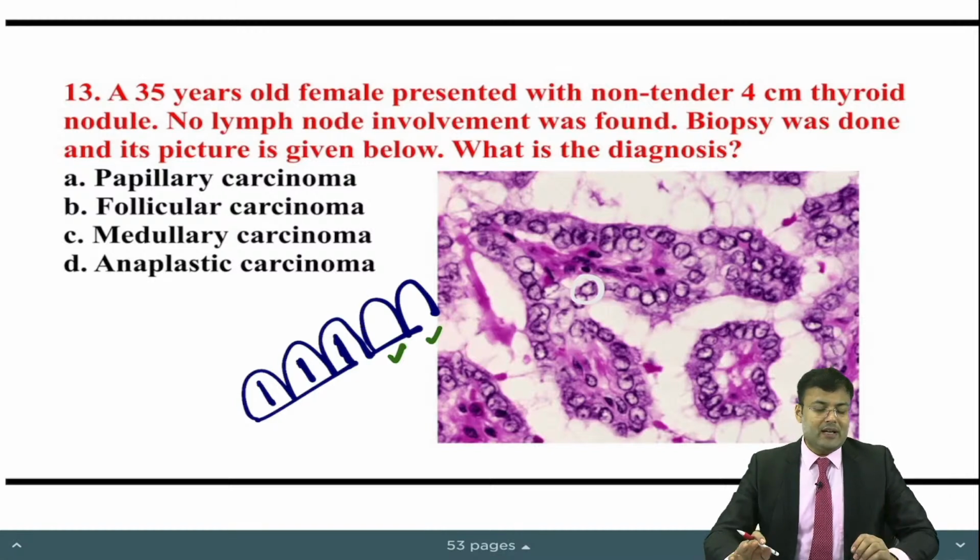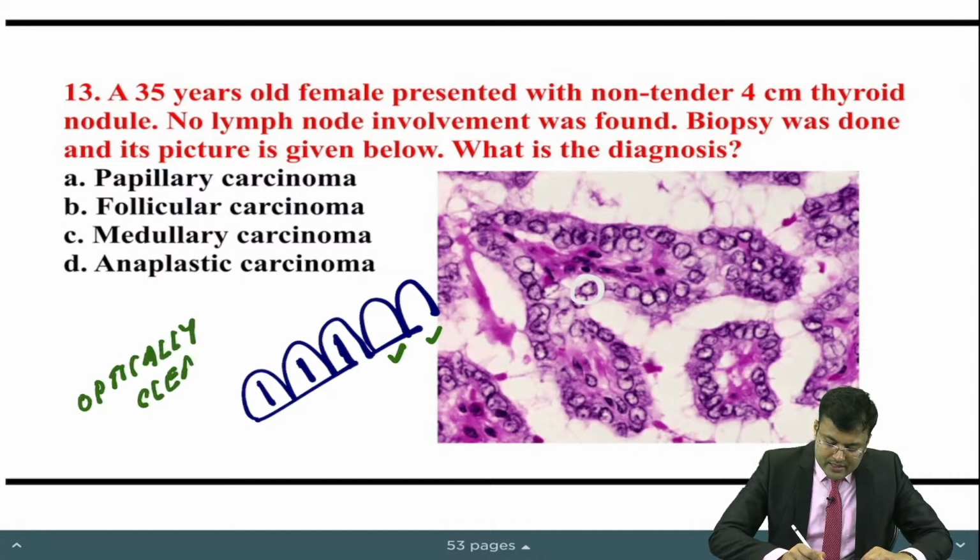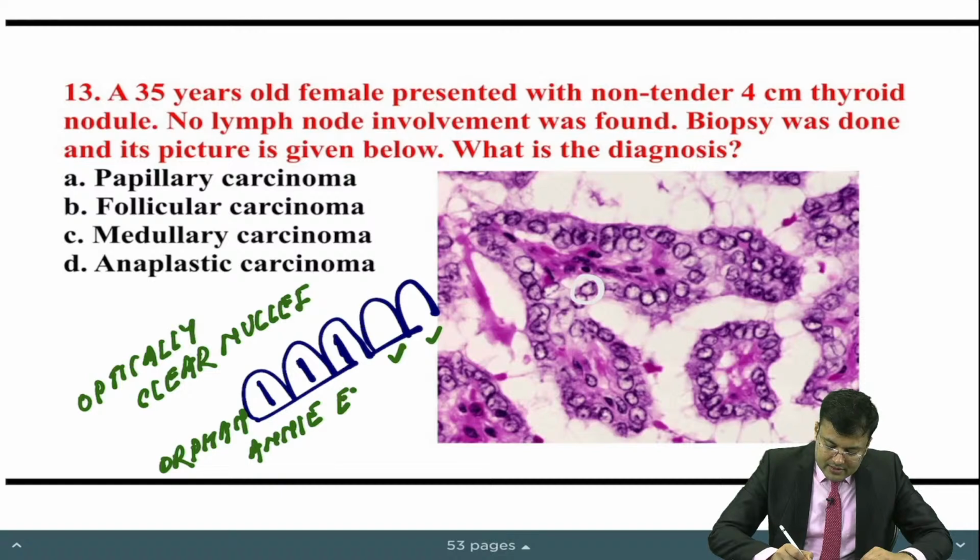This is papillary carcinoma, and you tell me what is the name of this appearance. This is optically clear nuclei, also known as Orphan Annie eye nuclei.